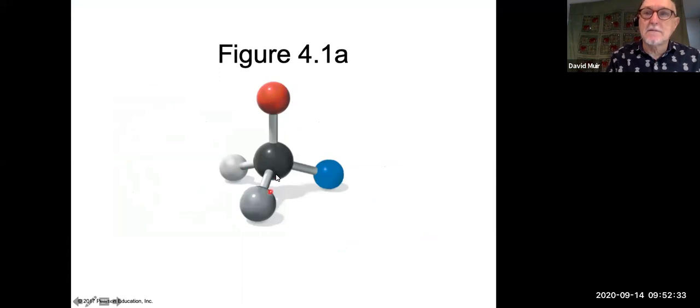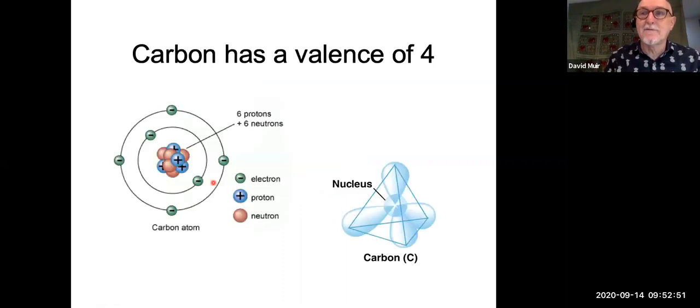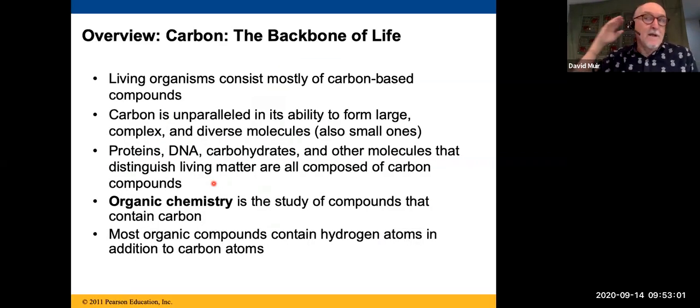So here's the C, and if you can imagine 4 hydrogens attached at each of these, that's 4 more electrons, 8 in total, and that's CH4, methane, the simplest of the organic compounds. It is a flammable gas. And we'll see that basically everything becomes an elaboration of that, the simplest of all of the structures.